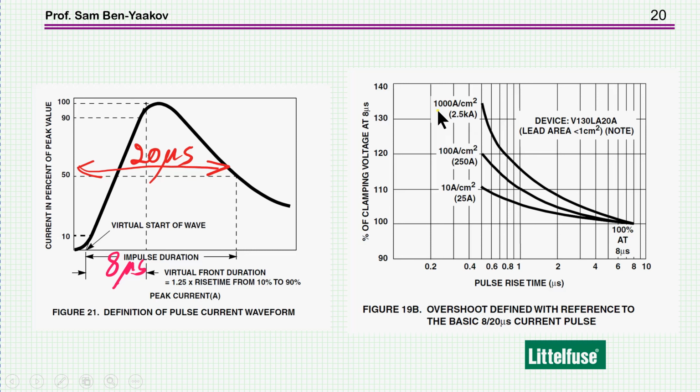At 1,000 amp, say here at 0.4 microsecond, it'll be like a 30% change, 130%. This is now above the clamping, and of course the reason why this is becoming higher at a faster rise time is because of the leakage. The leakage inductance is in fact the cause for the overshoot here, the peak that we see.